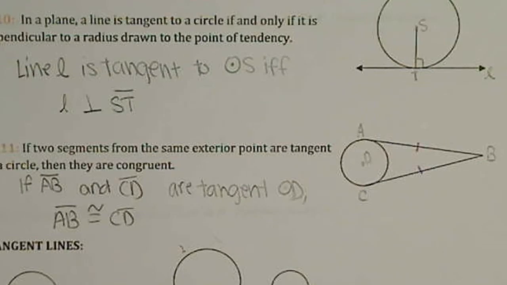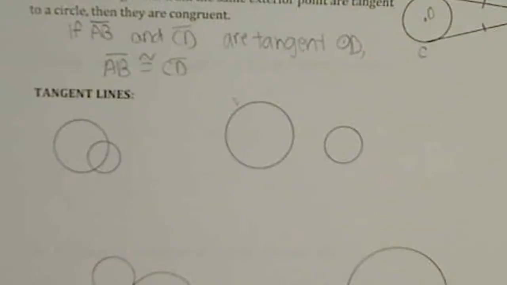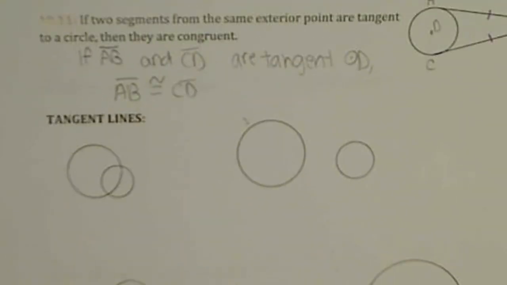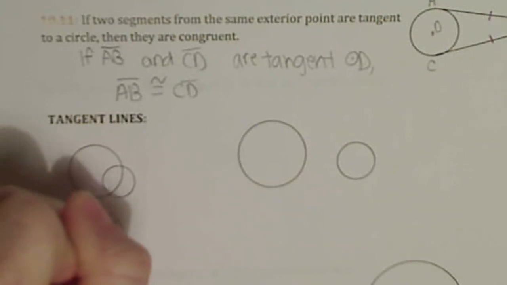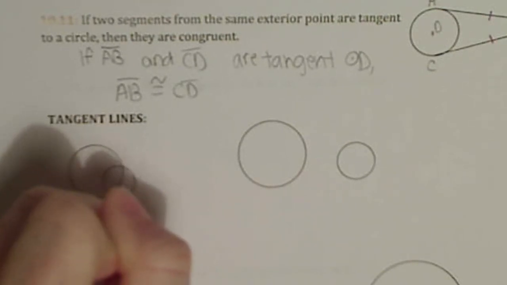Okay. Now this next part is actually example 1, these tangent lines, and we're going to show how many common tangents there are between the circles. So this first set of circles, I have one and then the other one intersects it, and this is going to have two common tangents, and we're going to draw those in.